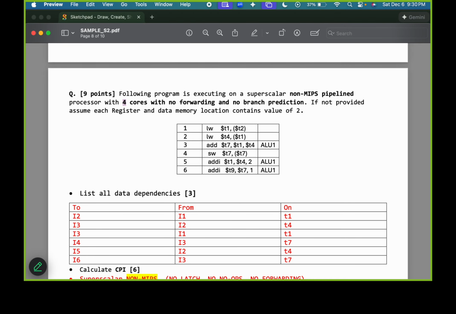Each of these cores can handle its own instruction. Meaning if I have 4 cores, I have the structure to handle 4 fetches at the same time, 4 decodes at the same time, 4 execs at the same time, 4 mems, 4 writebacks. So this is something that can alleviate structural hazards.